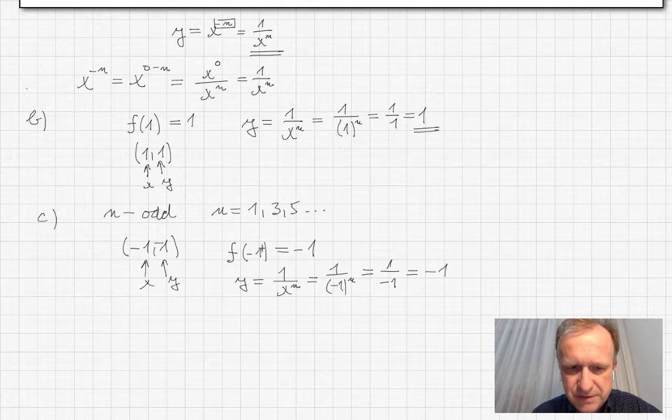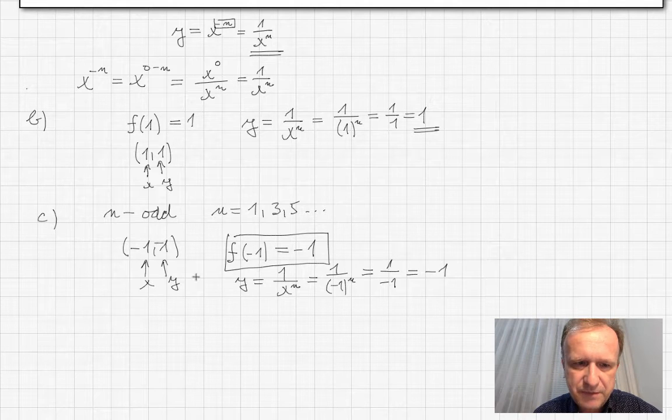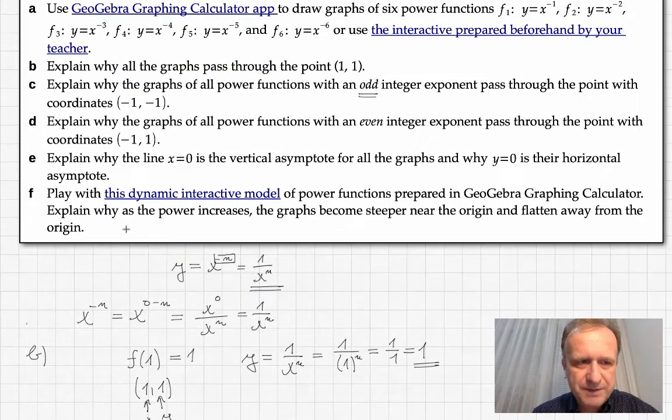So really it is true that f of -1 is -1, and therefore this proves the fact that all those graphs with the negative odd exponent pass through this point.